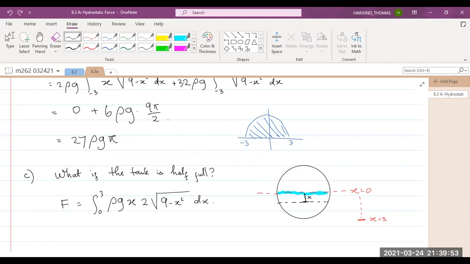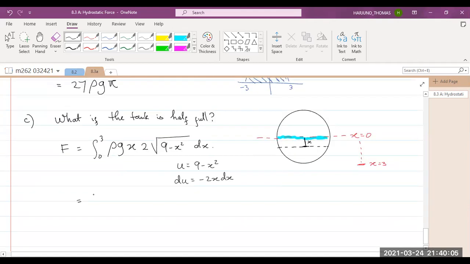Yeah, so sad. Okay, so u equals 9 minus x squared. du is -2x dx. So my integral will be from 9 to 0 of rho g, oh, I have 2x dx, that's negative du, and this is u to the power of 1/2. Let's integrate from 0 to 9 rho g u to the power of 1/2 du.